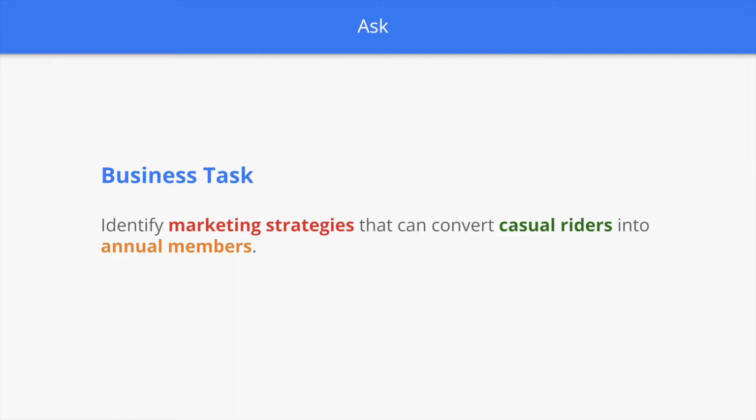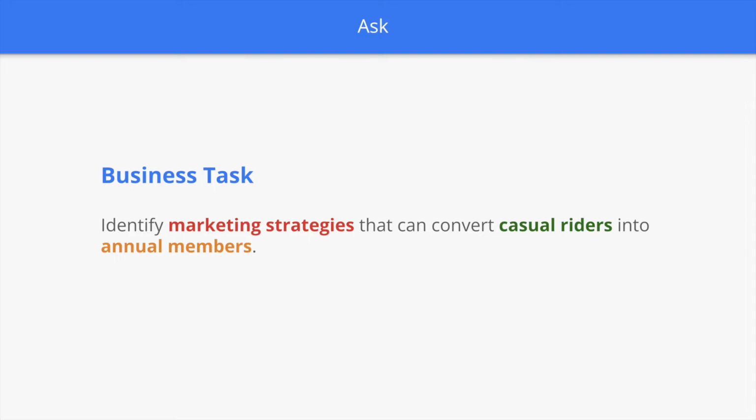Just to add a bit of additional context, when we say casual riders, we're talking about individuals who use Cyclistic services, but instead of buying an annual subscription, they would rather pay for maybe a 24-hour pass or a 48-hour pass. In this case, our primary stakeholder is Cyclistic's head of marketing, but we'll also be working with the executive committee and the marketing team.